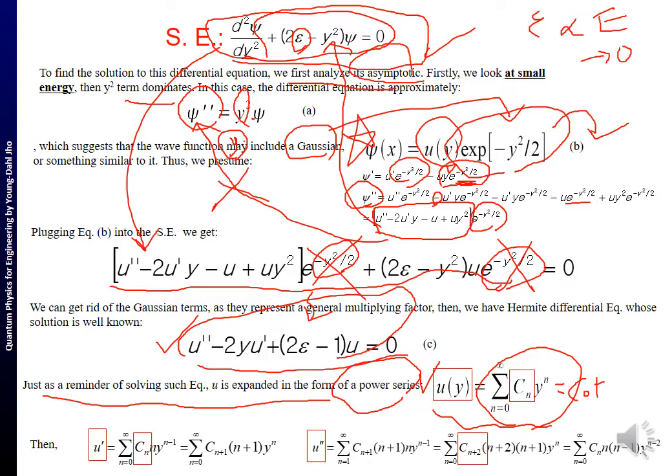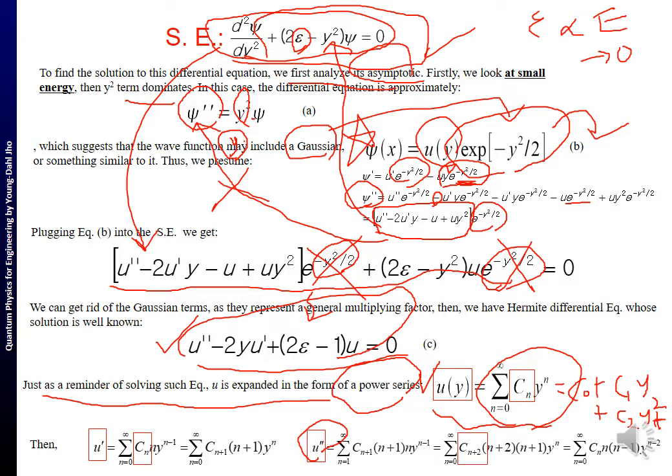Put n as 1, then C1 y, and n is 2, C2 y squared. The linear summation continues. And then we take the first derivative and the second derivative.